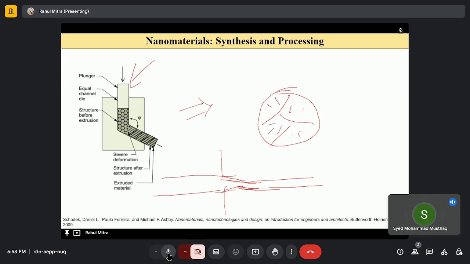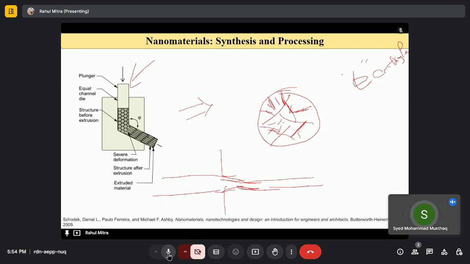If we do the extreme plastic deformation, these dislocations will get entangled, and to decrease the total energy of the system, these dislocations will arrange in a certain fashion, which results in the formation of small angle grain boundaries.